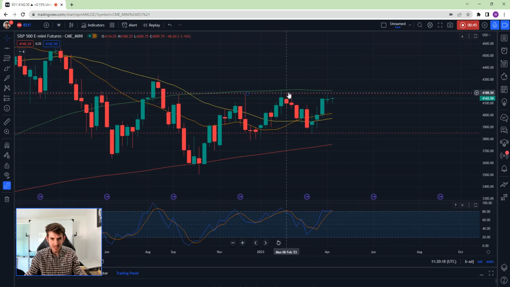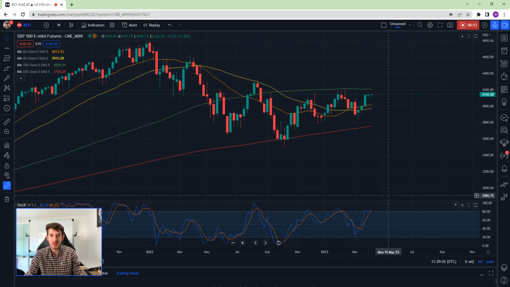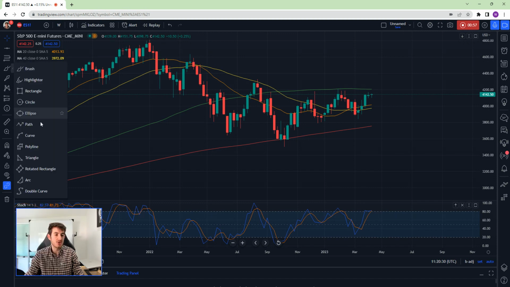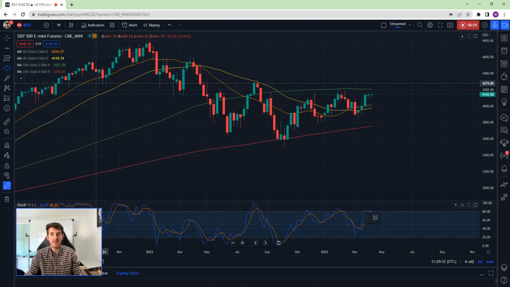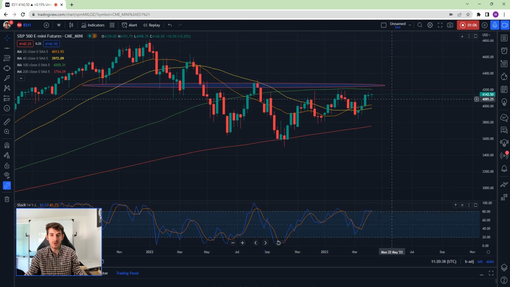Now, the top part of this channel, if you like, is coinciding with your 100 MA, but that's not particularly what's significant here. What is most significant is if you look back and check for PA levels that are going to be the next place that price runs into if you do break out of that channel. And it's the same to the downside.